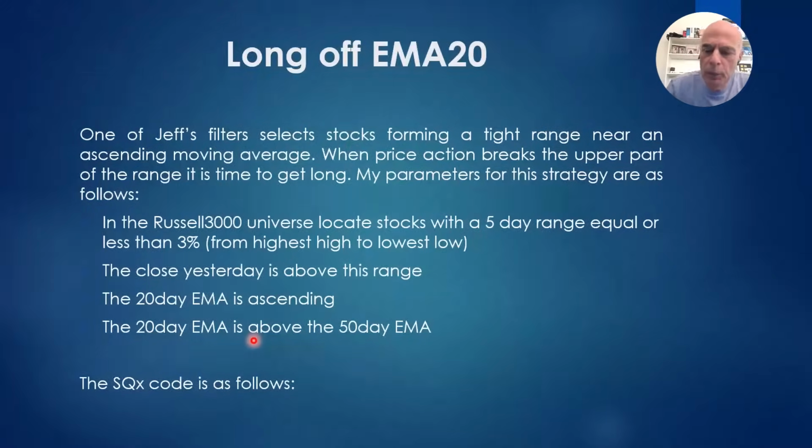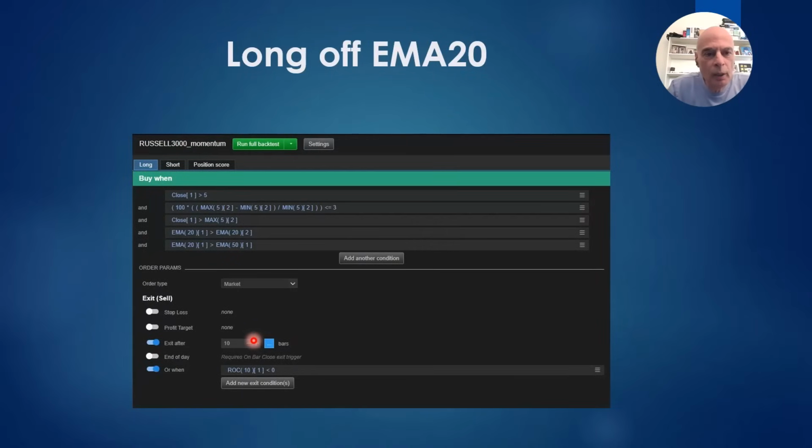So basically, I implemented this particular way. I look for stocks that are above $5. Here in this line, I'm saying that the day before yesterday, the maximum range for 5 days was less or equal to 3%. We want the close yesterday to be above the highest high of the previous 5 days.